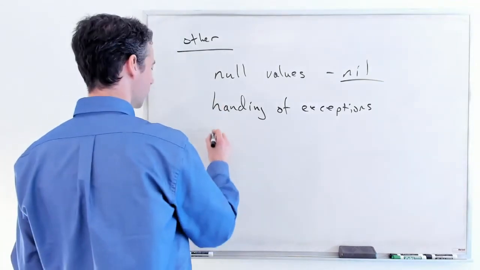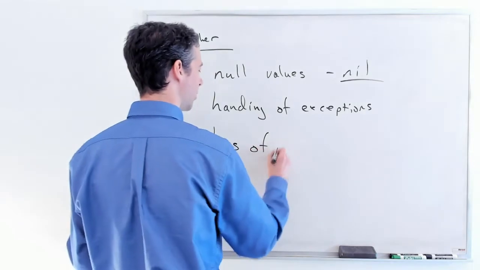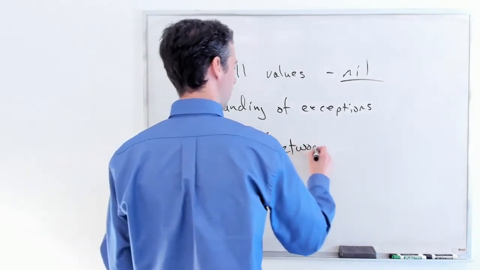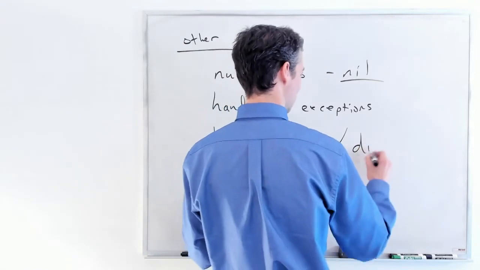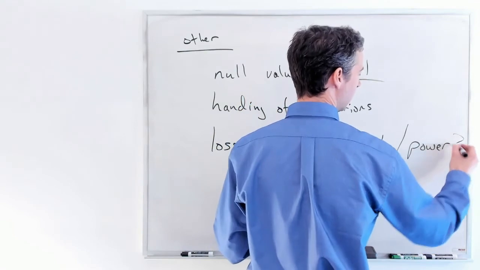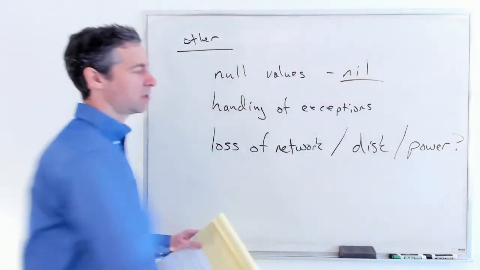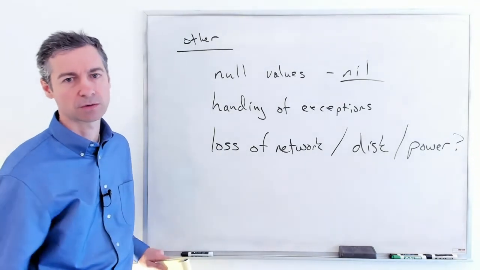Likewise, we often forget to check, but we should be thinking about what happens to our app if we lose a network connection, the disk goes down, or we have power outages. These might be larger system things, but they could be important things for a large group to be testing.